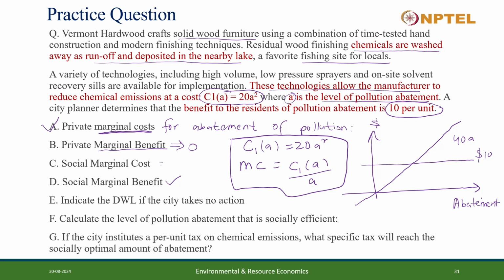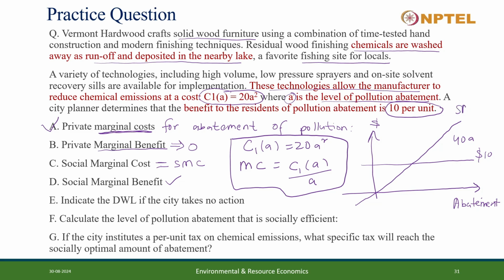Now what will be the value of SMC? Ma'am, 400. No, you have to get the curve for SMC. Social marginal cost. So what we said?